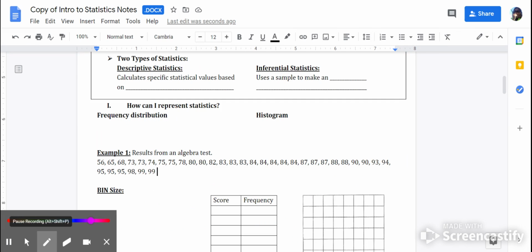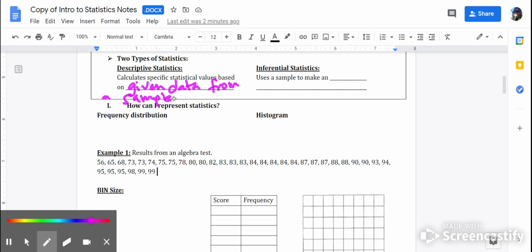So now we know what data is, we know who we can get it from, so we need to talk about the types of statistics there are when we have this data. So descriptive statistics calculate specific statistical values based on the given data. And that data can come from either a sample or a population. So for instance, test scores.